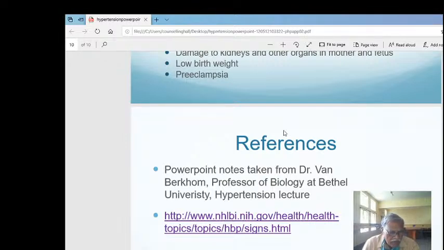And second thing is, you can give an ACE inhibitor, which is of great help in bringing down blood pressure, which is a potent antihypertensive drug, and which has got so many beneficial effects.